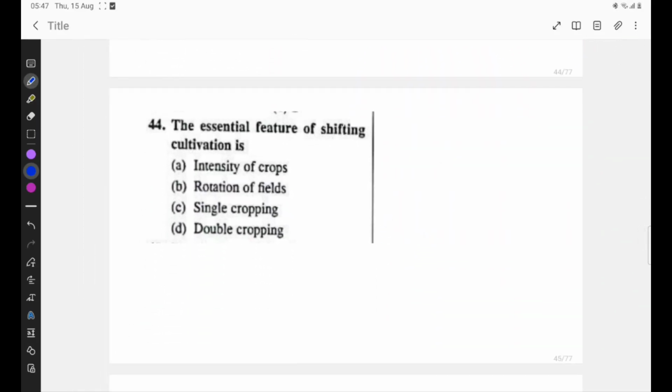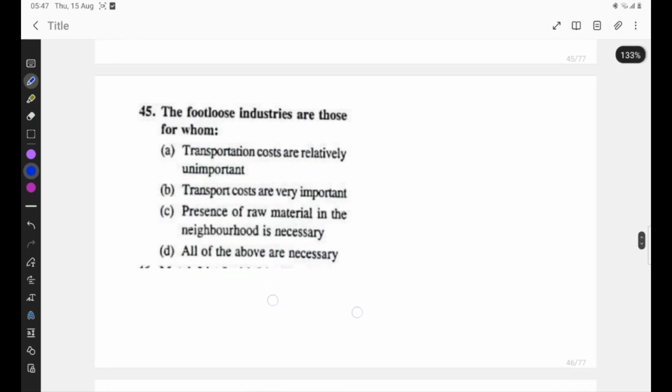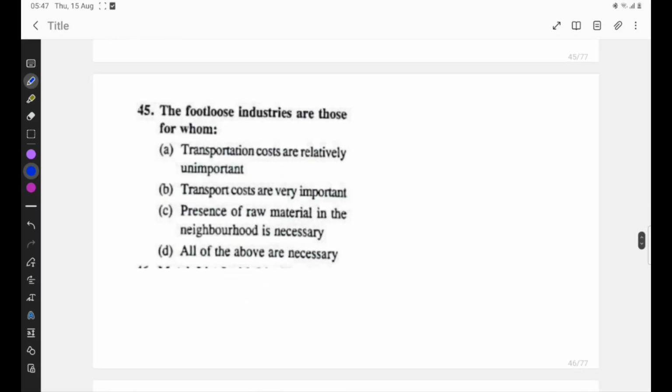The essential features of shifting cultivation is intensity of crops, rotation of crops, single cropping or double cropping. It is very obvious. B, rotation of the fields. Next, the footloose industries are those for whom transportation costs are relatively unimportant, or transportation costs are very important, presence of raw material in the neighborhood is necessary, or all of the above are necessary.